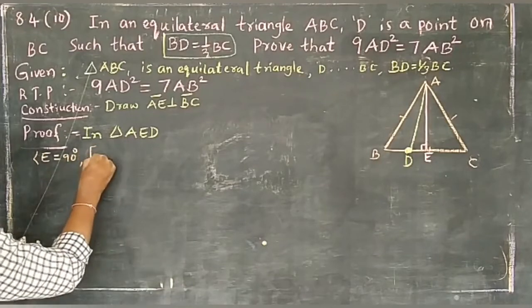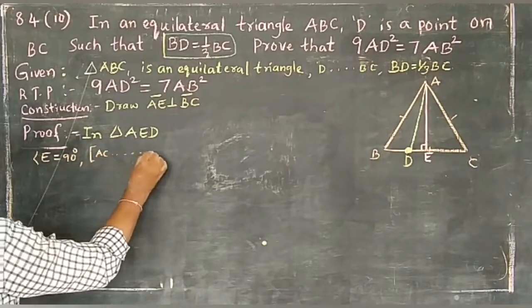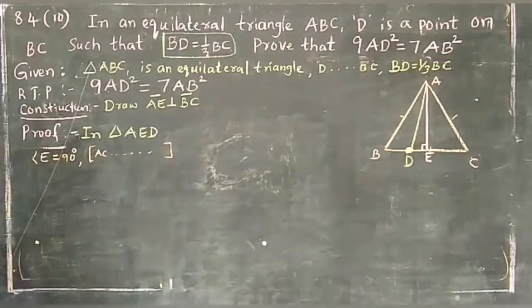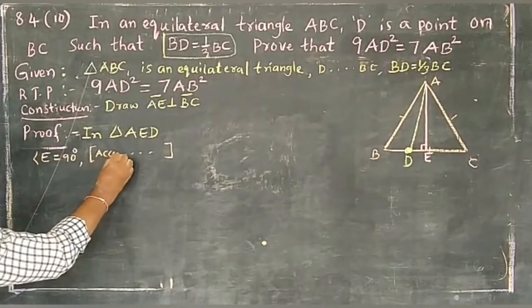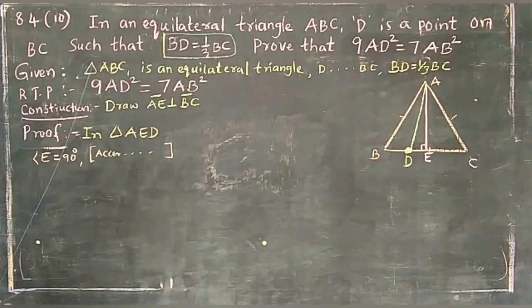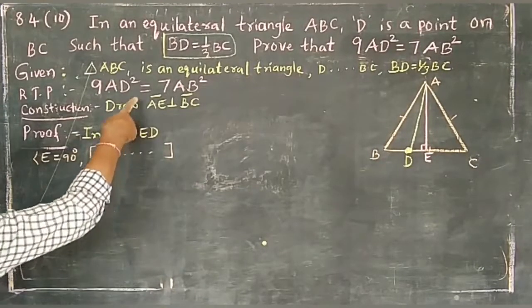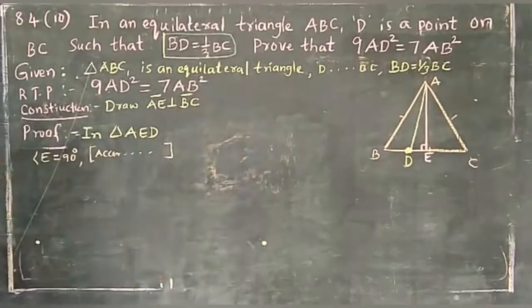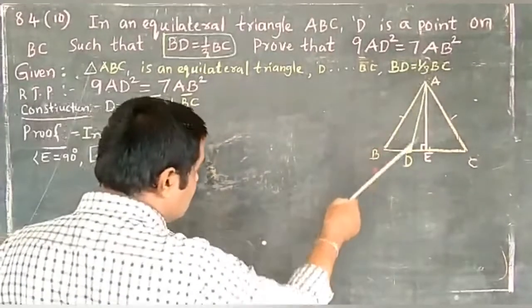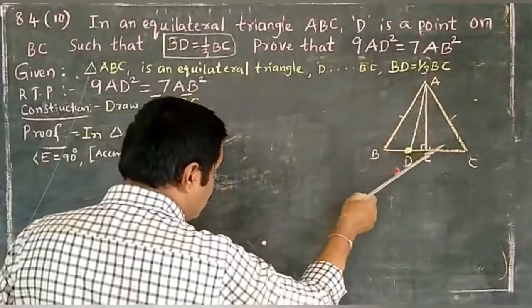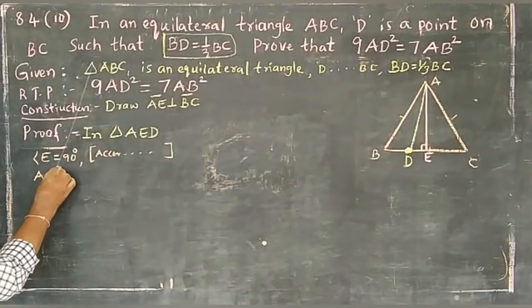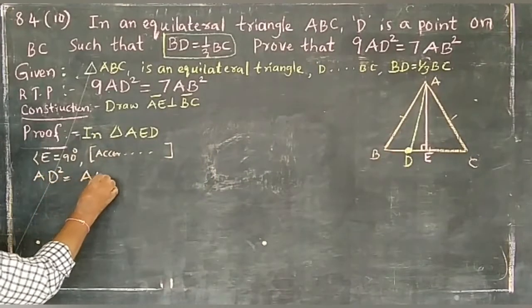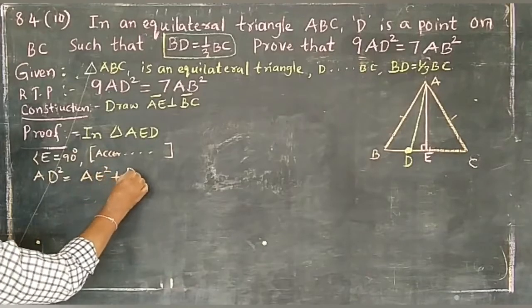According to Pythagoras theorem, AD square, the hypotenuse, is equal to AE square plus DE square.